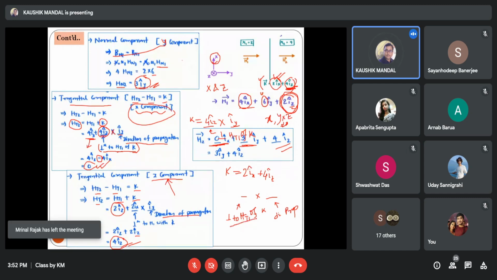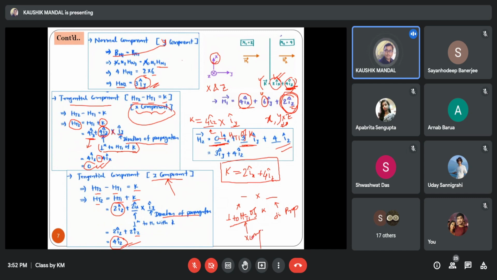That means in this particular expression of K, which one is perpendicular to the HT1? For this particular HT1, you are going to find out which component, X or Z. So first we have determined the X component.